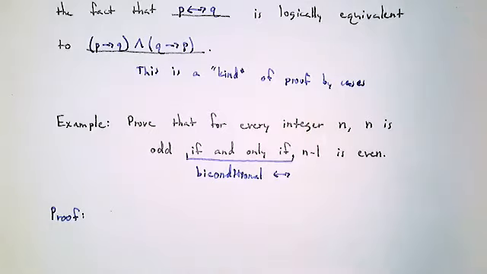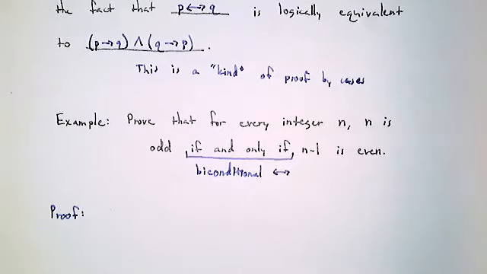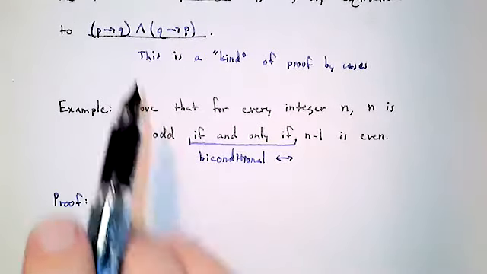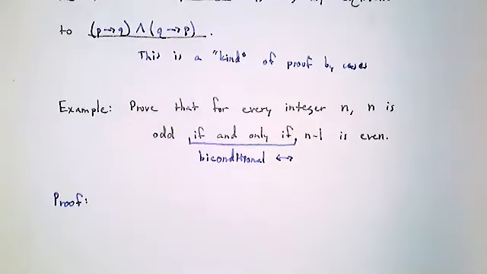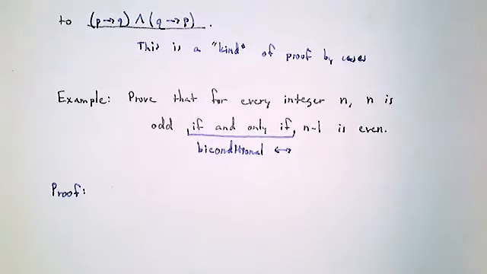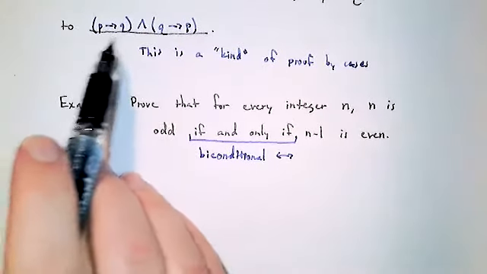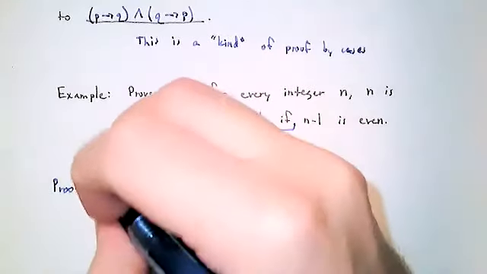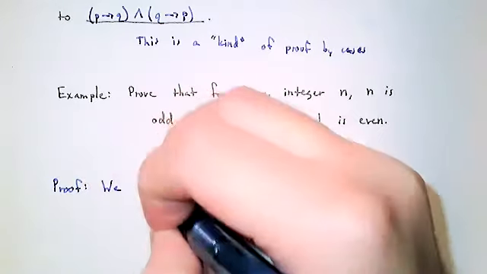So we do have two cases that we're looking at. But our cases are a little bit different because they're actually different logical structures. So you want to let your reader know what you're doing, that you're going to start by proving this implication. So maybe just say that.